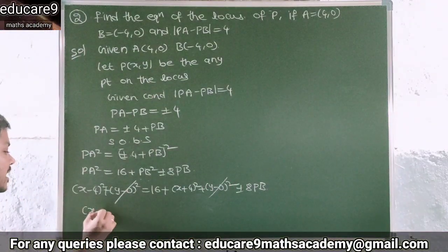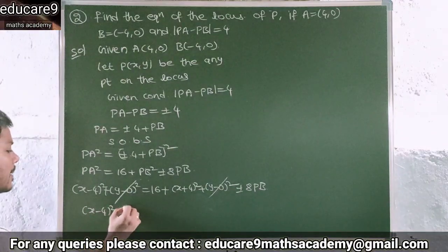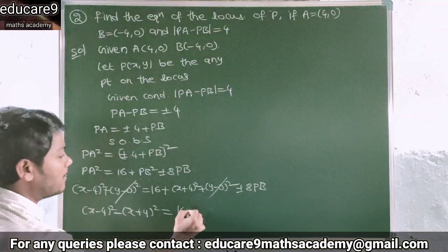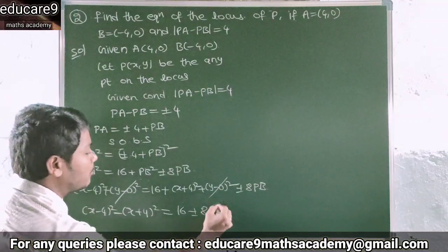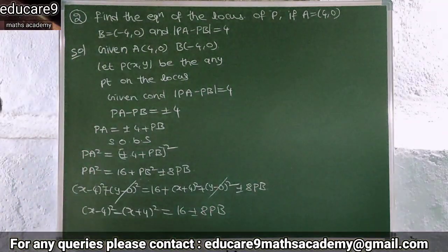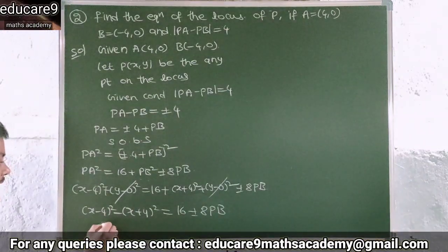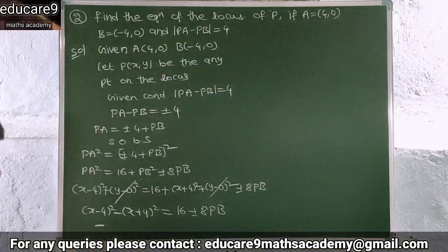Now this is (x - 4)² - (x + 4)² = 16 ± 8PB. Clear it in the form (a - b)² - (a + b)², so you will get -4ab. That is -4 into 4, -16x.